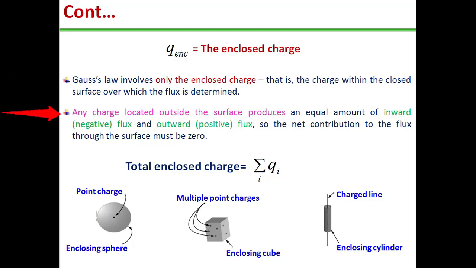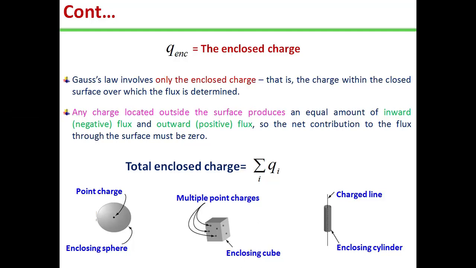Any charge located outside the surface produces an equal amount of inward, that is negative flux, and outward, that is positive flux. So the net contribution to the flux through a closed surface must be zero.